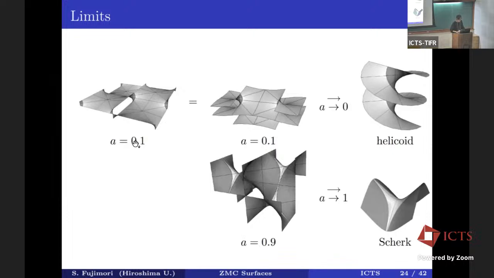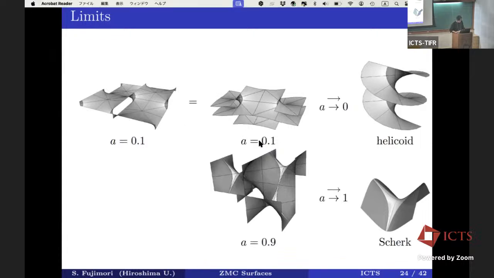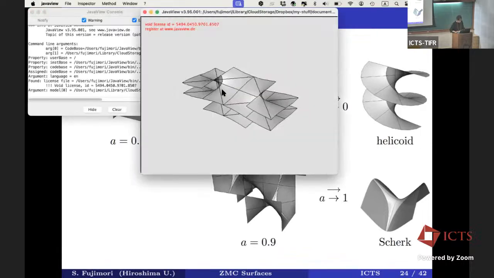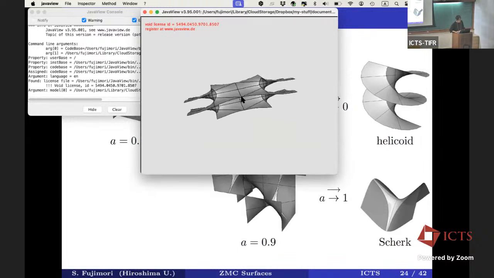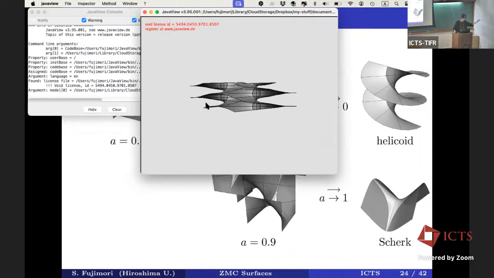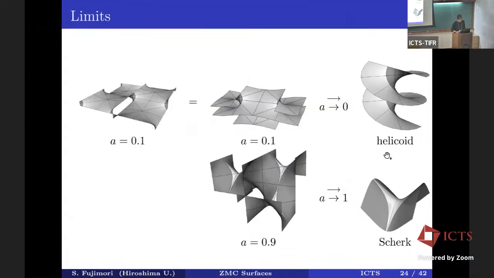This is the case A equals 0.1, and this surface is exactly the same as the surface we saw before. This is similar to the minimal Schwarz D surface in R3, but a bit different. This is maximal in L3, and the one we saw before is minimal in R3. But the limit is exactly the same as the minimal helicoid.